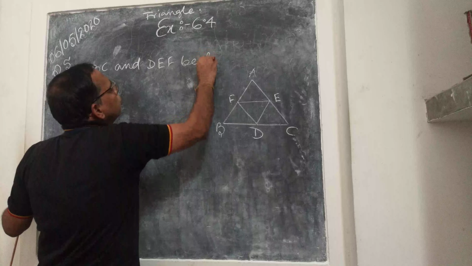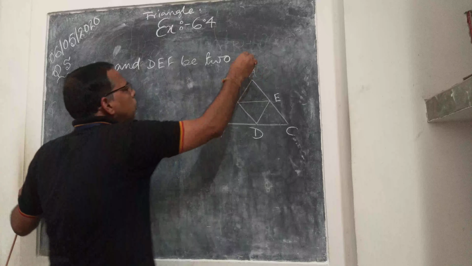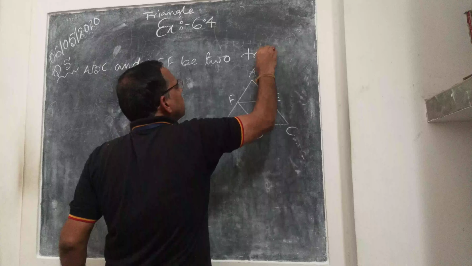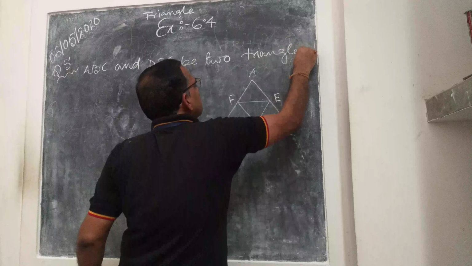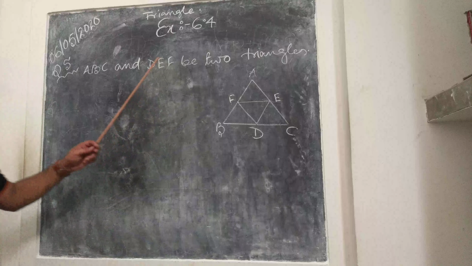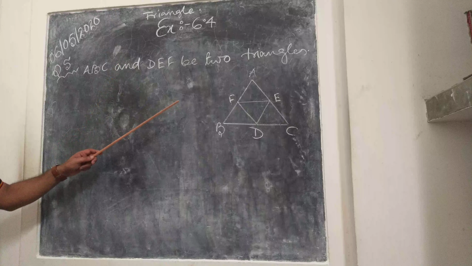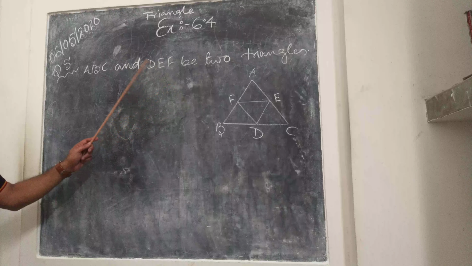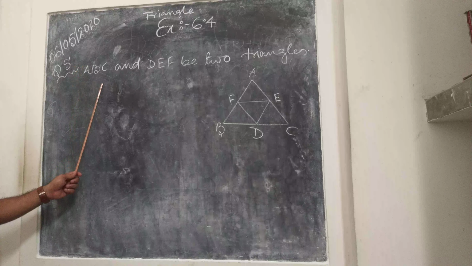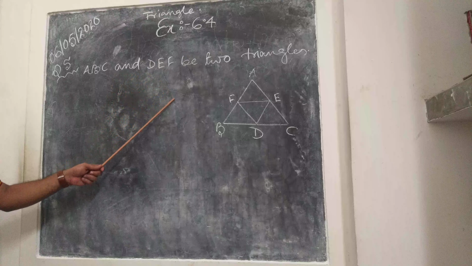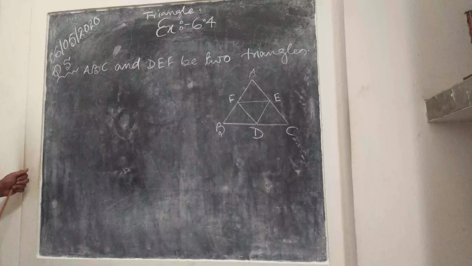Remember, first you have to write that D, E, F are the midpoints of the sides of triangle ABC. Now, what do you have to do?